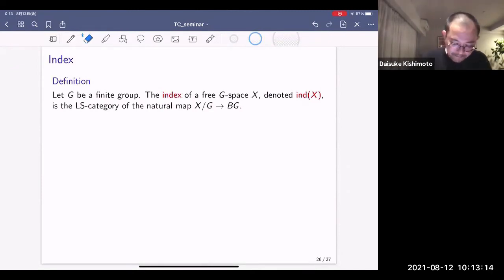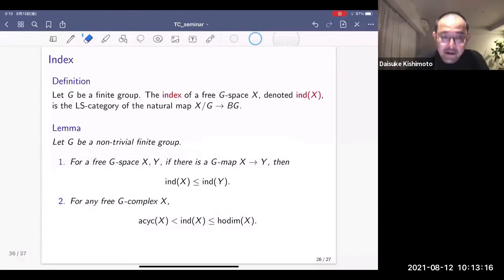All right. So we can easily see this lemma. Let G be a non-trivial finite group. Then for free G-spaces X, Y, if there is a G-map from X to Y, then ind X is bounded above by ind Y.